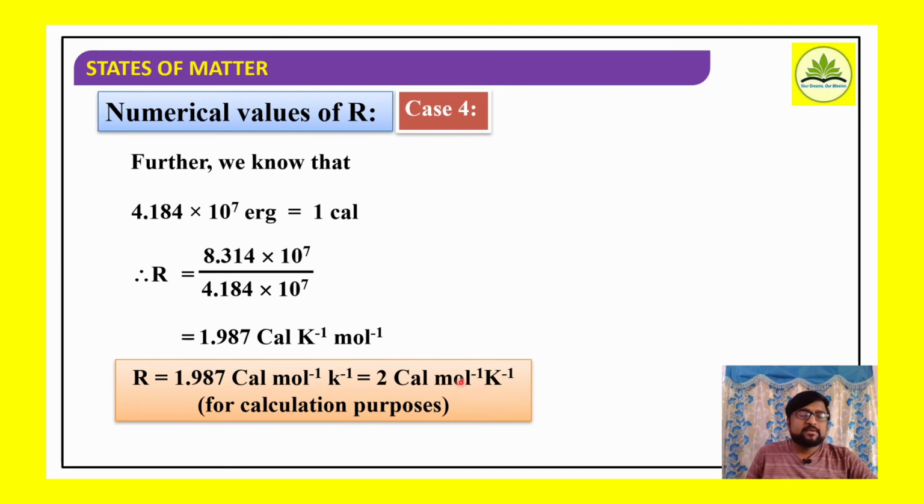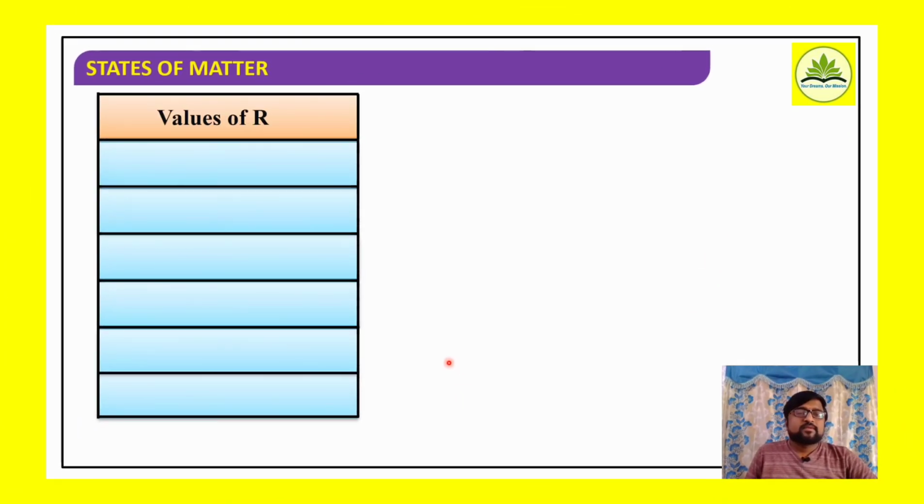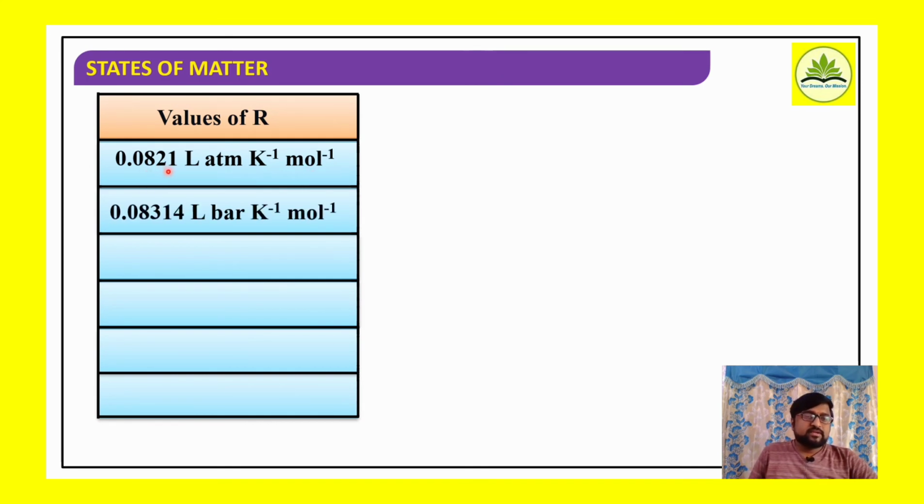Well, so what are the values of R? If pressure is expressed in terms of atmosphere, 0.0821 liter atmosphere per Kelvin per mole. If pressure is expressed in terms of bar, 0.08314 liter bar per Kelvin per mole.